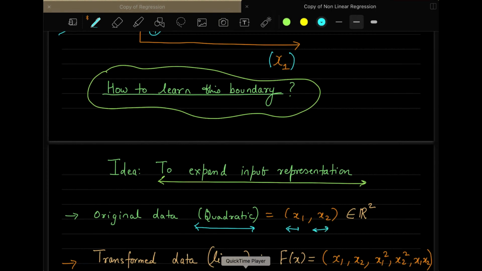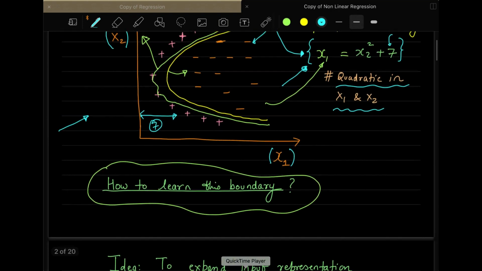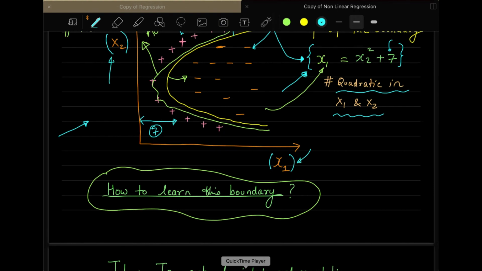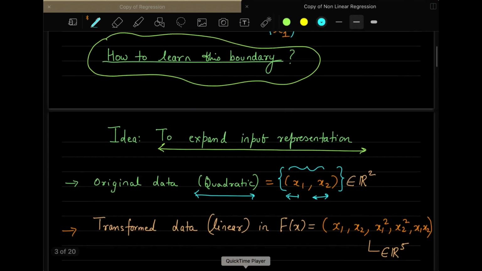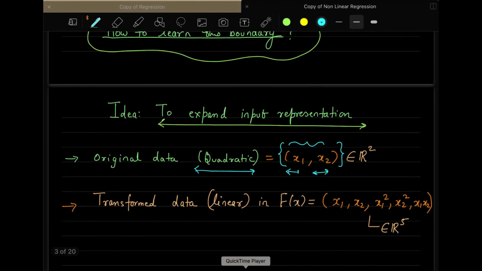We have two features here, and your data is quadratic in this feature space because you are plotting x1, x2, and you see that this particular boundary is quadratic. Now what you do is transform this data so that it becomes linear in the transformed feature space.